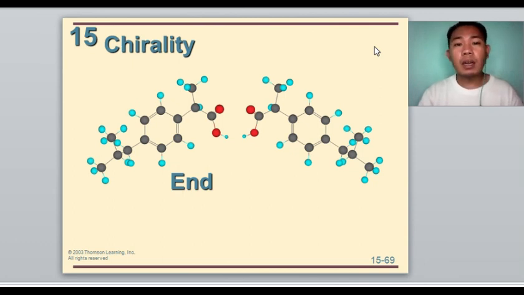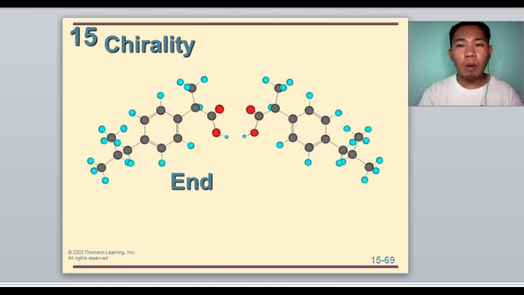For a molecule with n stereocenters, the maximum number of stereoisomers possible is 2 raised to the nth power.